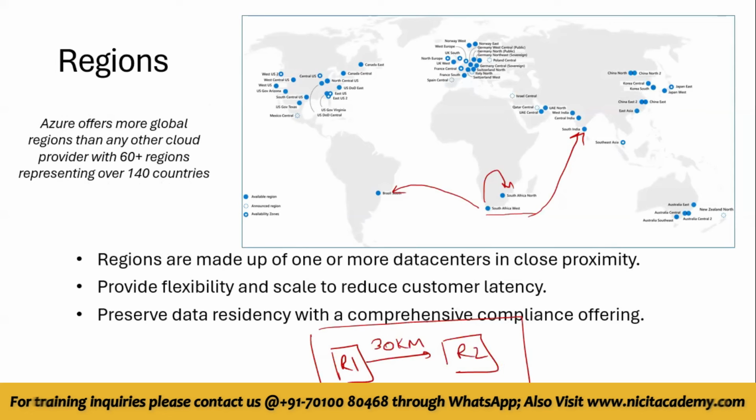Should I consider this as a region pair? Should I consider R2 as a good region pair for R1? Yes or no?